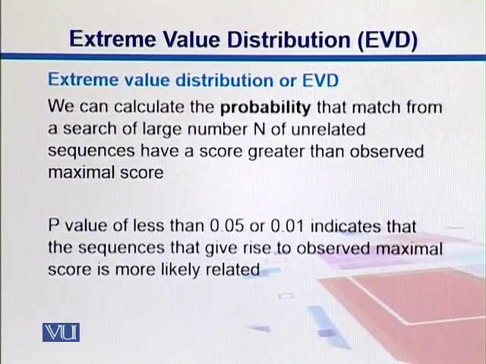We calculate the probability that a match from a search of a large number n of unrelated sequences has a score greater than the observed maximal score. From the previous equation, p-values of less than 0.05 or 0.01 indicate that the sequences that give rise to the observed scores are most likely related.